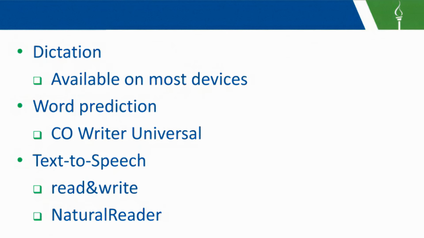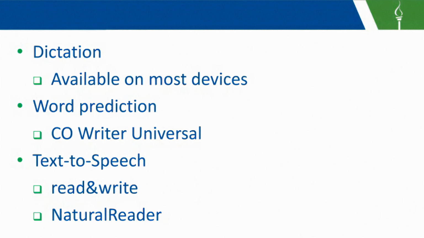Some of the additional technology that is available on some of our devices is dictation, available on most Chromebooks or tablets built in. Word prediction software such as CoWriter Universal can assist in writing projects or written expression pieces.